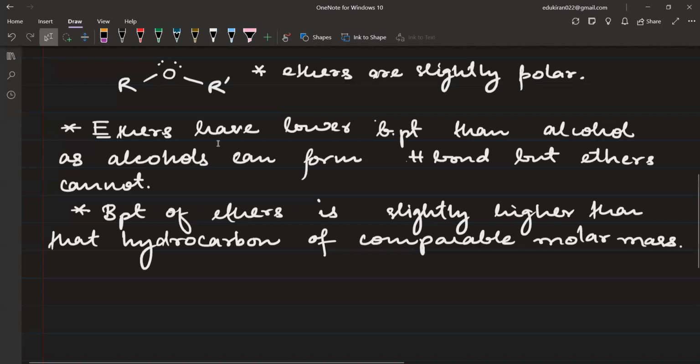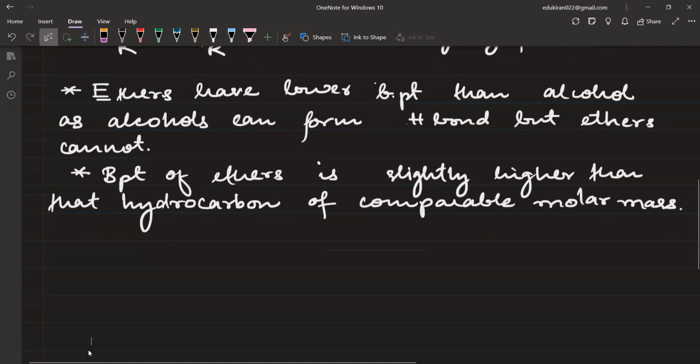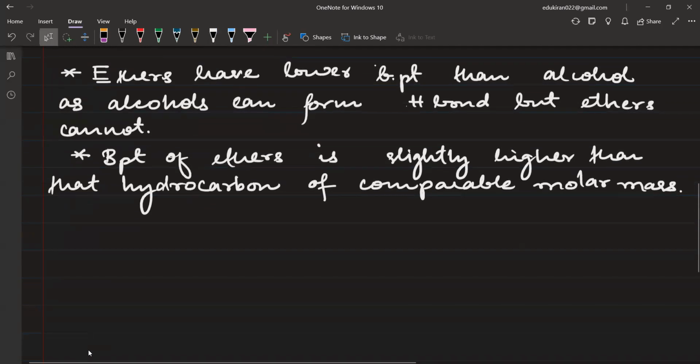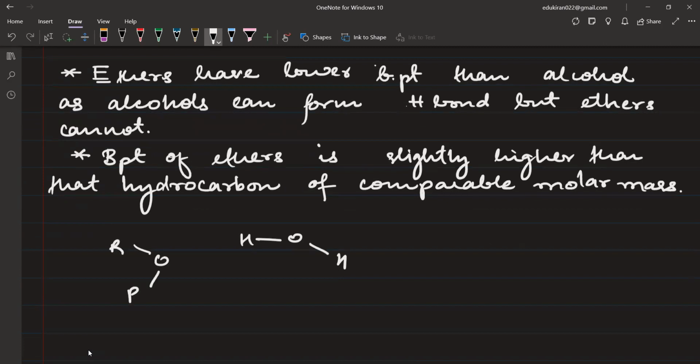Let us talk about the solubility. So when we look at solubility, we'll be looking at solubility of ethers in water. Water has an HOH kind of structure, which is bent, and ether will have, let us say, something like this, ROR. Now this lone pair is there, so it can interact with this hydrogen atom of water.